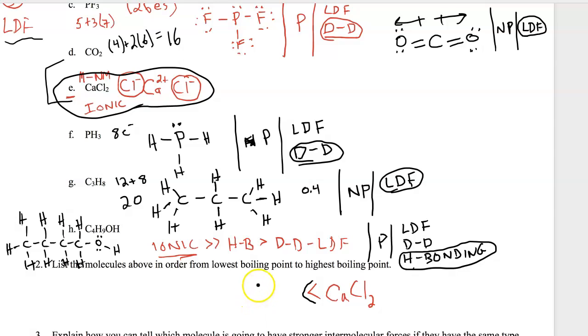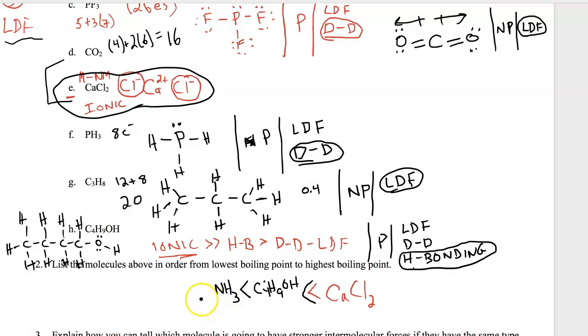So C4H9OH is going to be second. They can both hydrogen bond. However, more London dispersion forces for bigger molecules makes that one bigger. NH3 is going to be next because it can hydrogen bond.